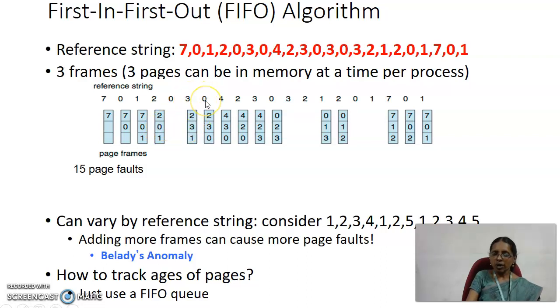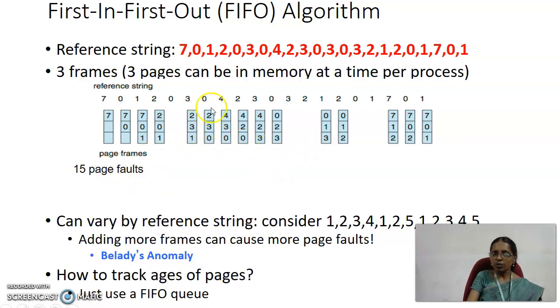Now 0 comes. 0 is not in the main memory, so it has to be loaded from the disk, but there are no free frames available. So what will you do? You will choose the victim page. Among 2, 3 and 1, 1 came the earliest, so 1 will be replaced by 0. This process will continue.